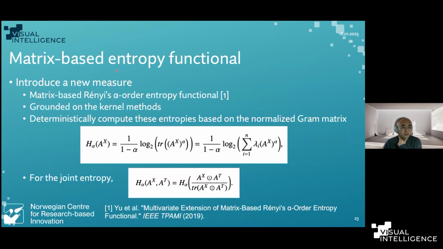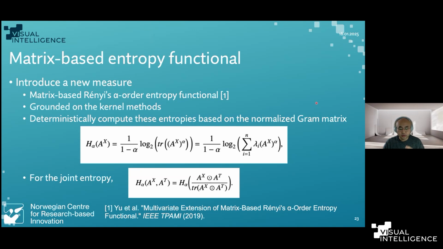So we introduce a new measure, which is called the matrix-based Rényi alpha-order entropy functional, and it is grounded on the kernel method. And the final goal is to deterministically compute these entropies, marginal and joint entropies, based on this normalized gram matrix. So this gram matrix is like an affinity matrix.